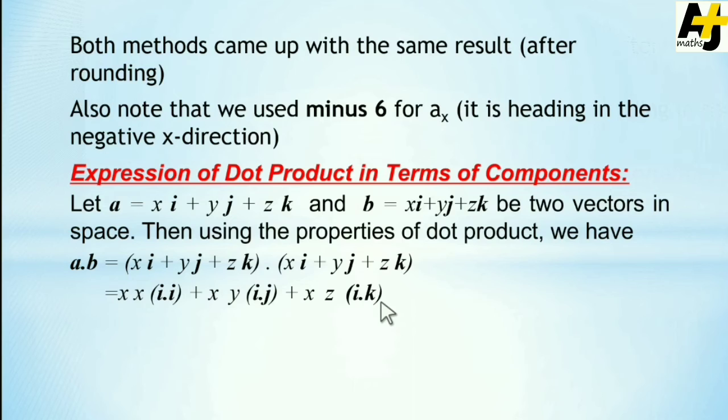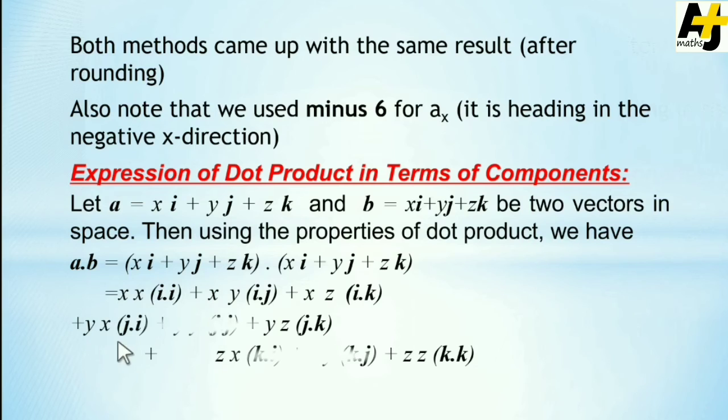Similarly, plus, now take the y component: y1 multiply x2, j dot i; y1 multiply y2, j dot j; y1 multiply z2, j dot k.